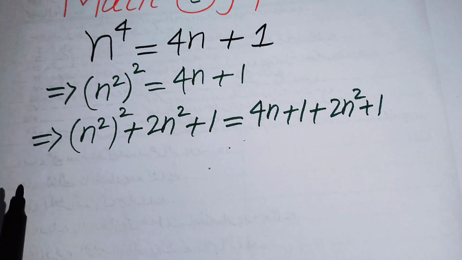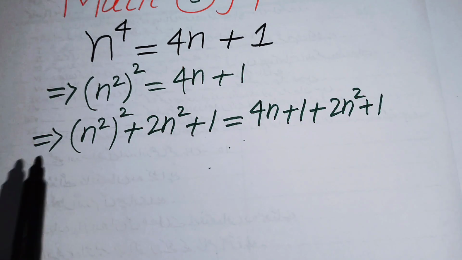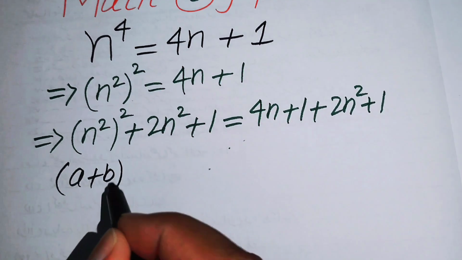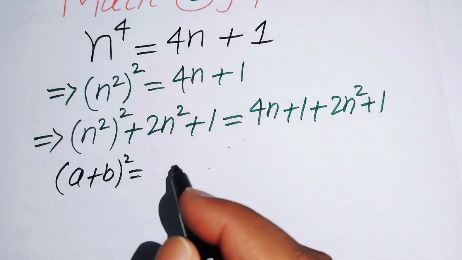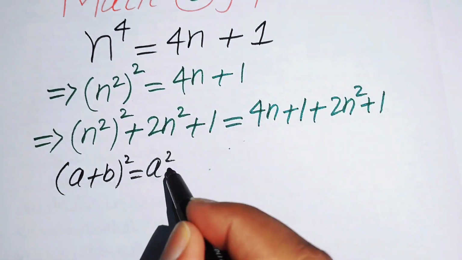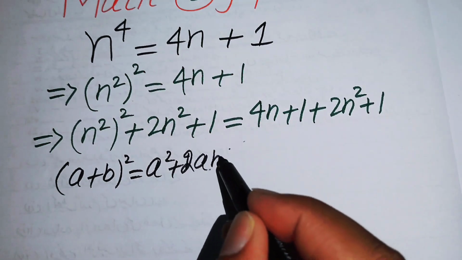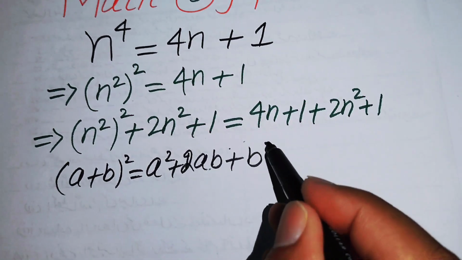After that you should know the important formula. If we have a plus b whole squared, it is equal to a squared plus 2 times ab plus b squared.